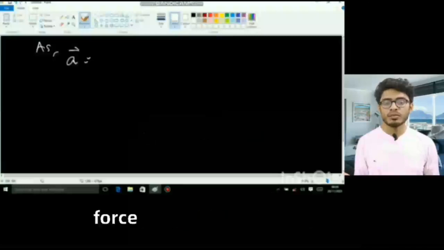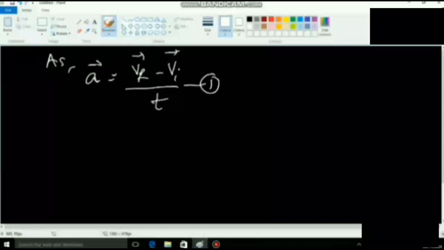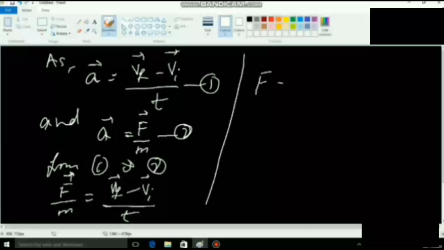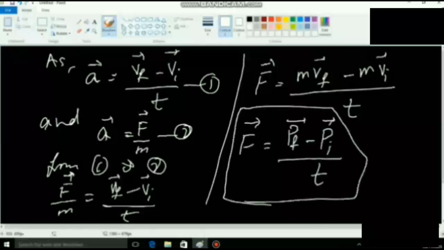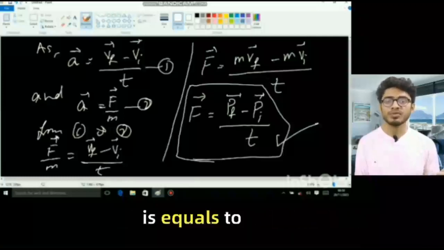The relation between force and momentum can be given as, and it can be stated as the rate of change of momentum is equal to force.